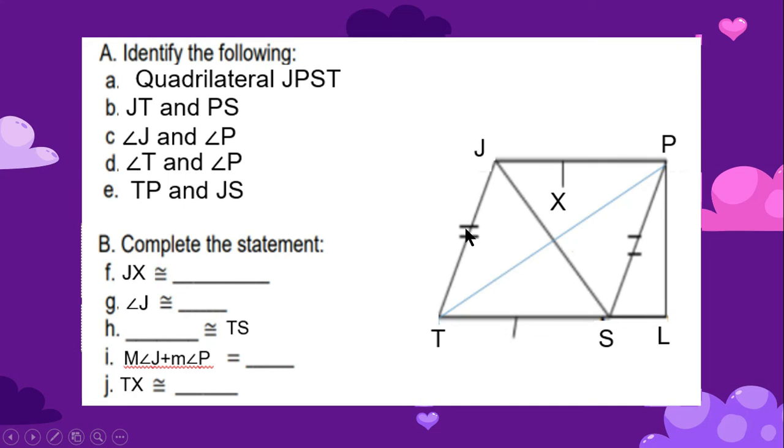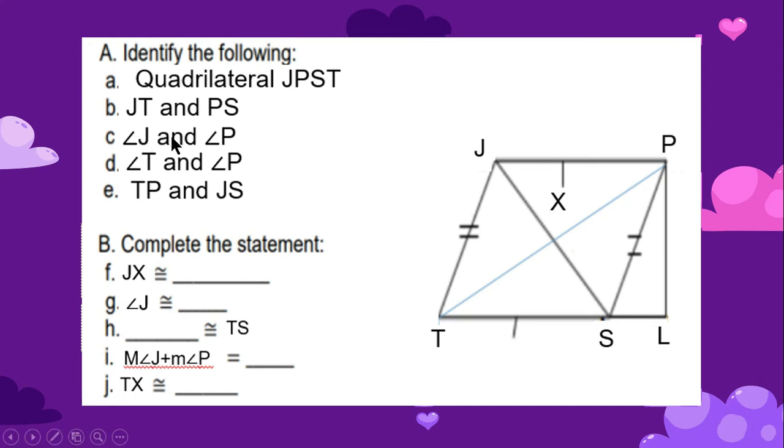Let's look at the symbol there. JT has two lines there, and PS has two lines there. So they have the same symbol, and what does that mean? They are congruent. A pair of opposite congruent sides.